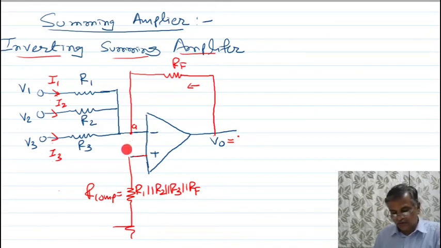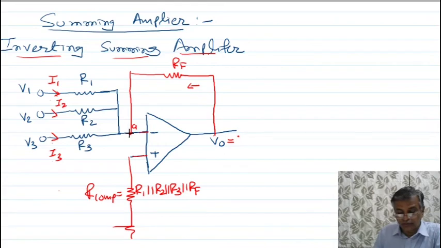Due to the infinite open loop voltage gain of the op-amp, the voltage drop between these two terminals tends to 0. So this is a virtual ground, point A.